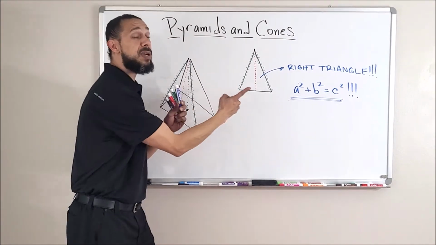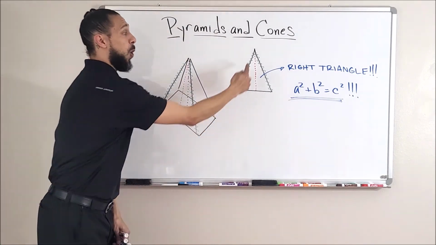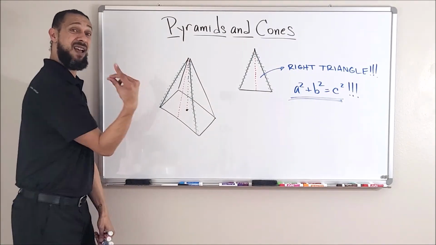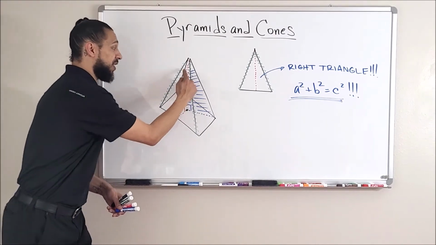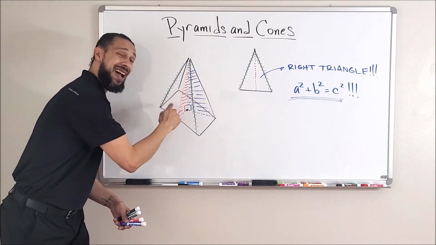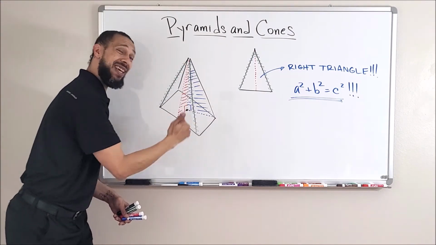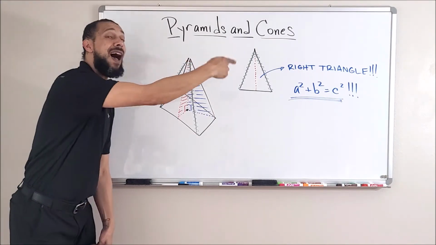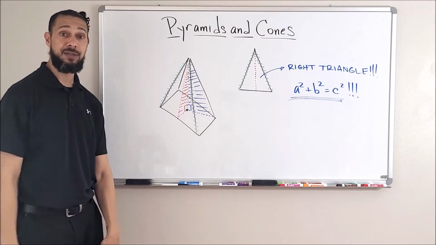So remember this, when solving problems, right triangles always come up on the faces of the pyramid and inside the pyramid. This red triangle inside that pyramid is a right triangle. This blue triangle inside that pyramid is a right triangle too. So you're going to be using a lot of Pythagorean theorem inside of pyramids.